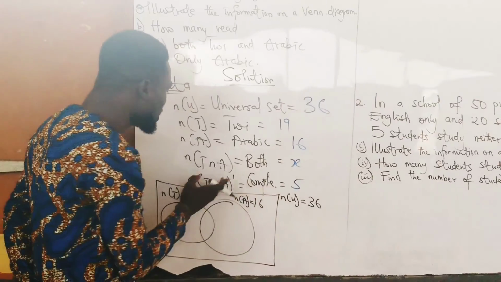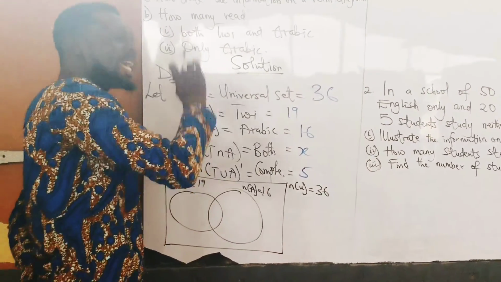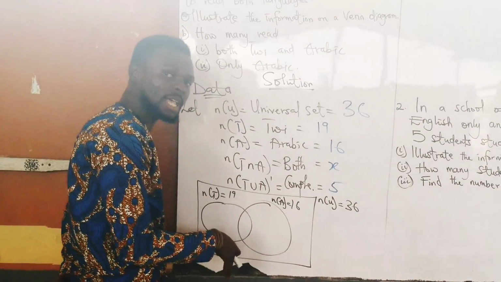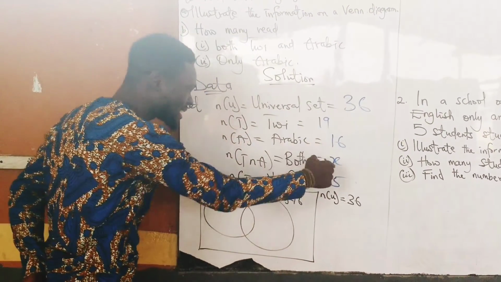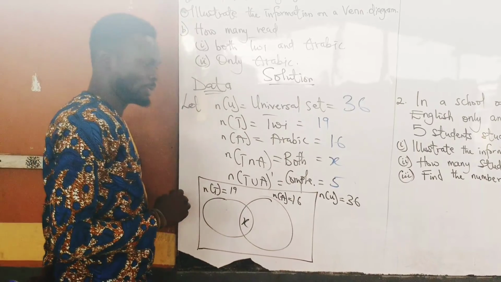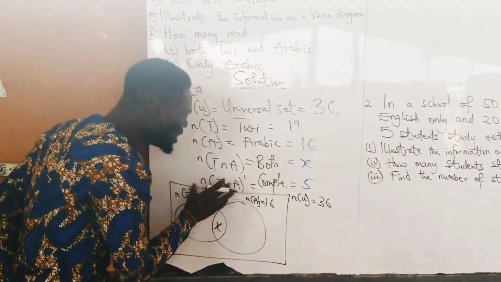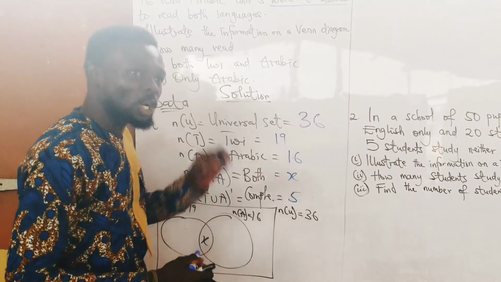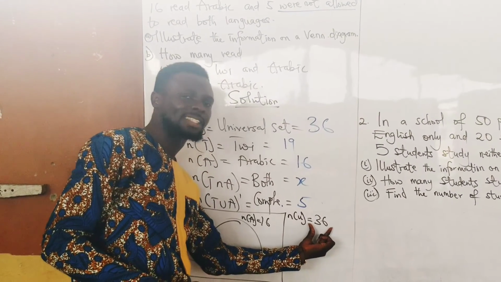Then for the both, T intersection A, which means they belong to T and at the same time belong to A, we have the intersection X. We position it here. Then with the complement, we were told that the complement is in the universal set.